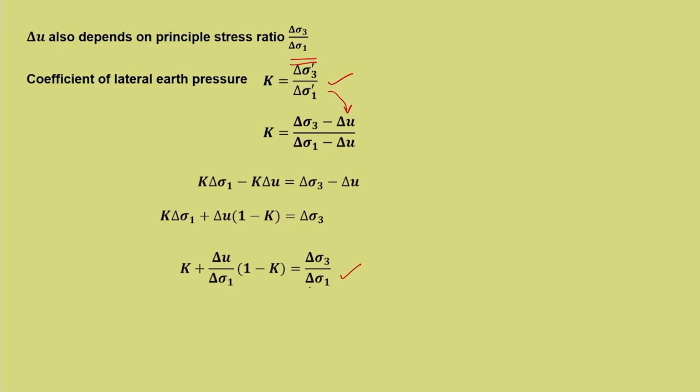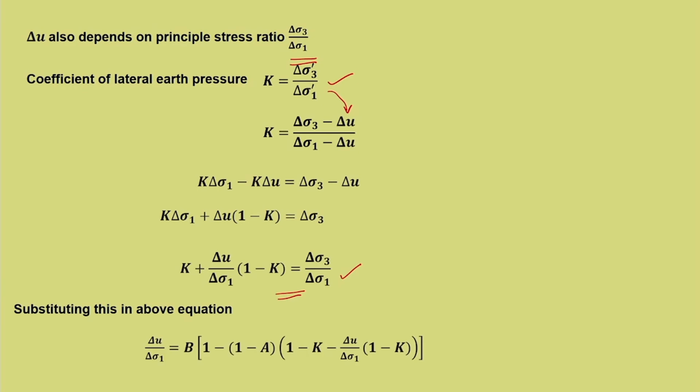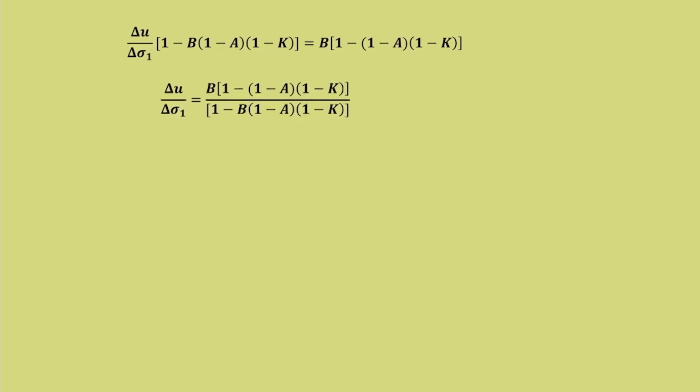Now, this is the stress ratio. We can substitute this in the previous expression. If you substitute this for delta sigma 3 by delta sigma 1, the equation takes this form. Then we again take delta u from this side to that side. That will give you 1 minus B into (1 minus A)(1 minus K) is equal to B into (1 minus A)(1 minus K).